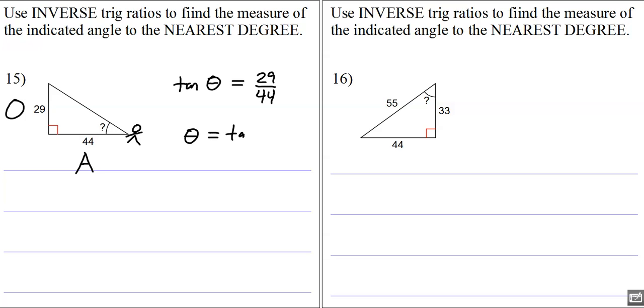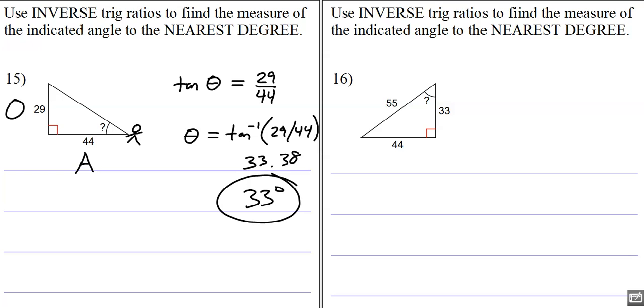So the inverse of this ratio is going to tell me, it's programmed in the old calculator, what angle made that ratio. So second tan, 29 divided by 44 is, boom, 33.38. We'll call that 33 degrees. Beautiful.